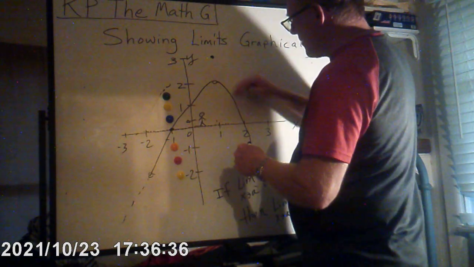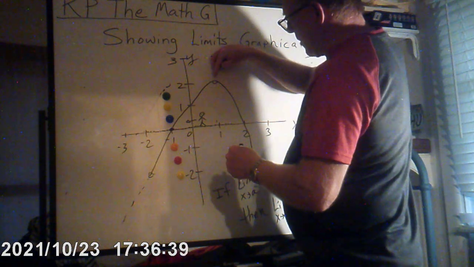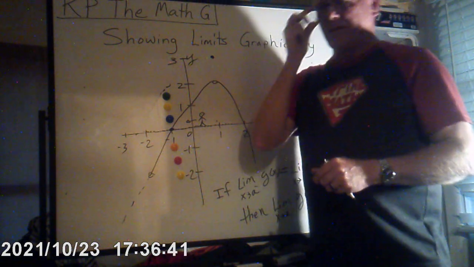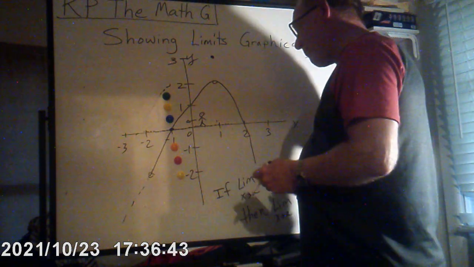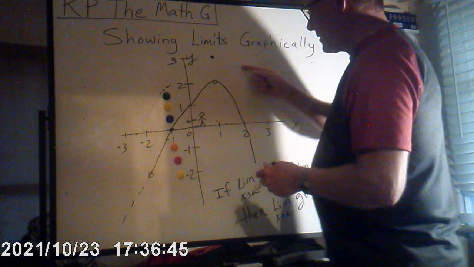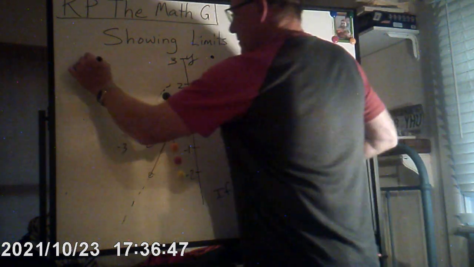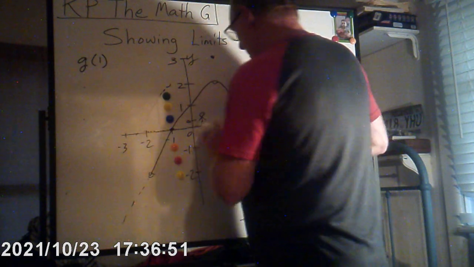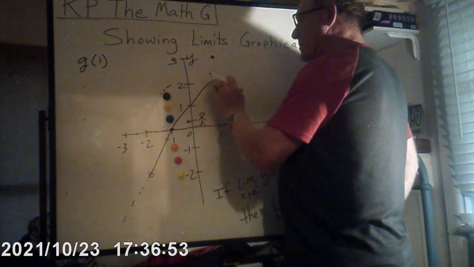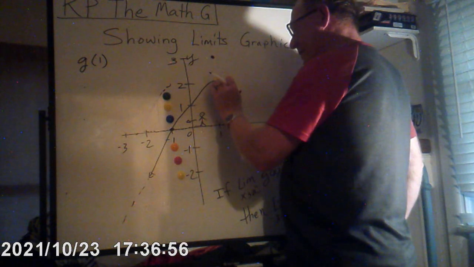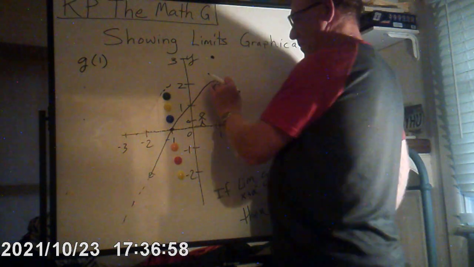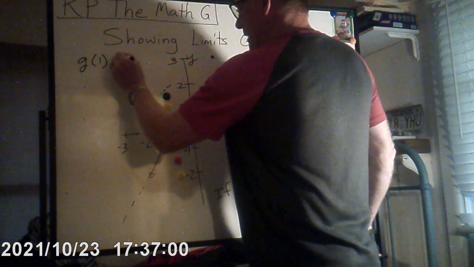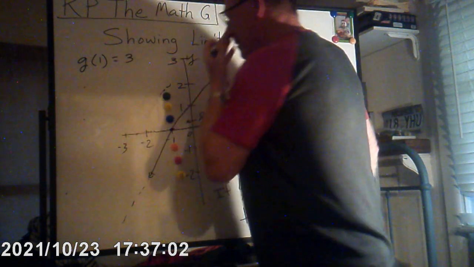And if they walked up on this side, they would fall down. So in this case, g at 1 is not the hollow circle, but rather the dark one. See, this is a hollow circle. We want the dark circle. Well, g at 1 is equal to 3.